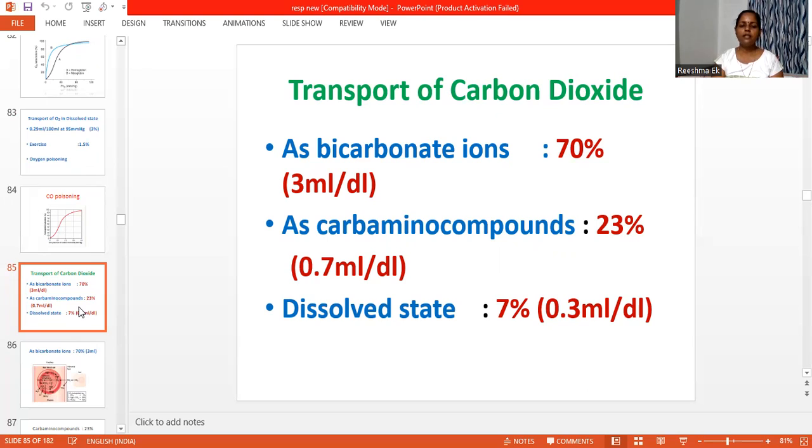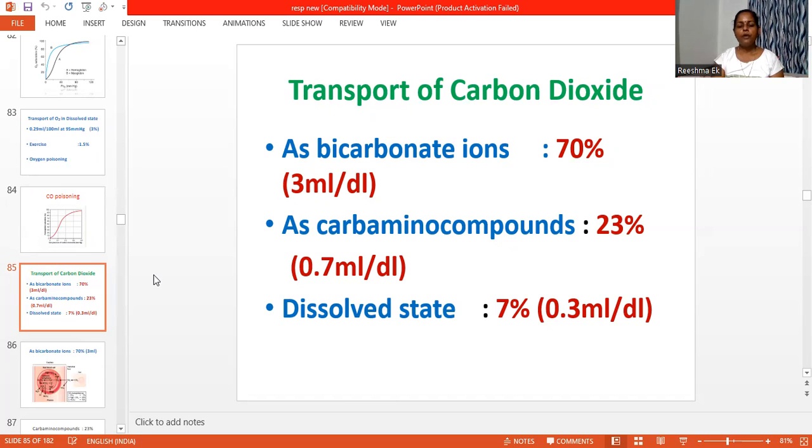Carbon dioxide is converted into HCO3 minus ions, and in this form it is transported through the blood and reaches the lungs.